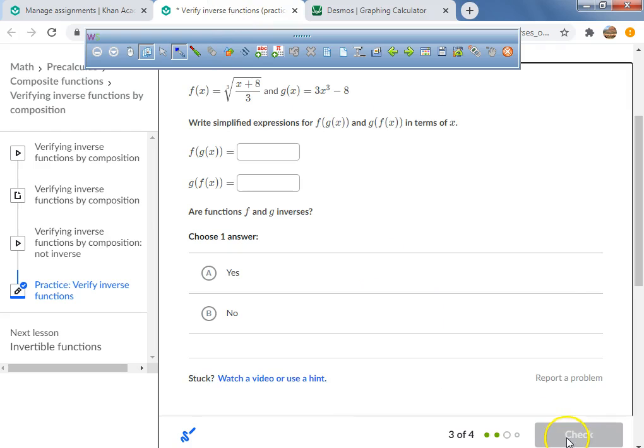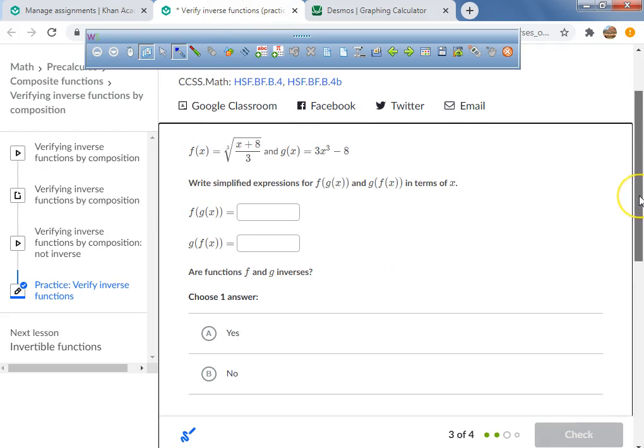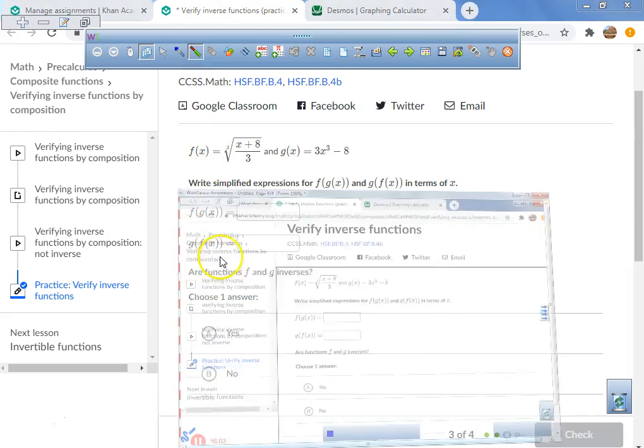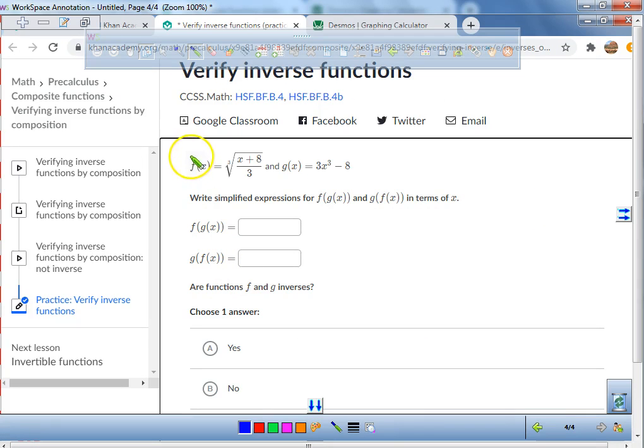Okay. All right, let's do one more, and we're going to call it a day. So this is dealing with cubics. This one says f of x equals the cube root of x plus 8, all over 3. I know it's kind of hard to see, but there's a little 3 in that index, so when I write it, I'll make sure you guys see it.